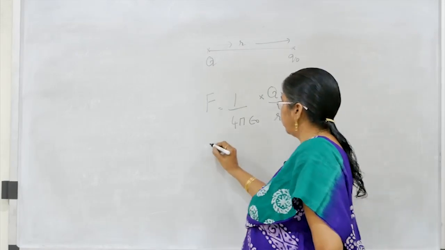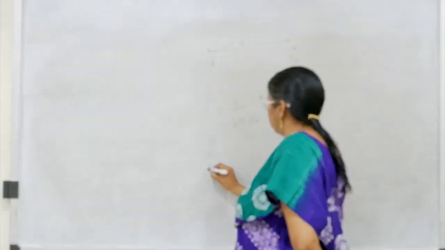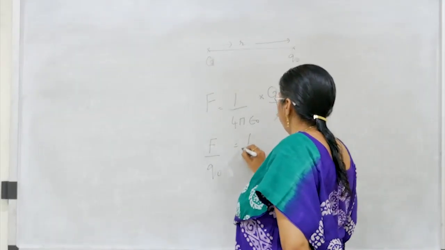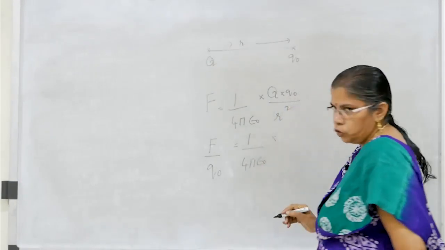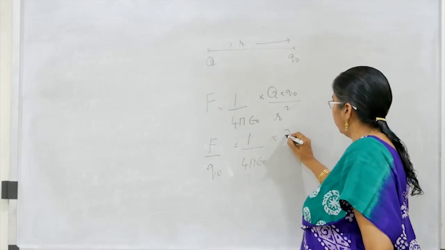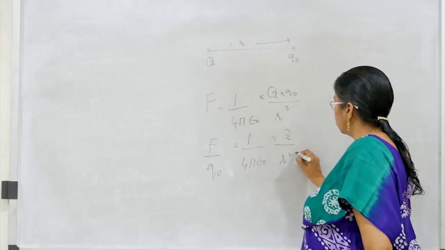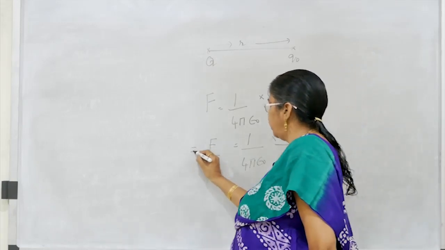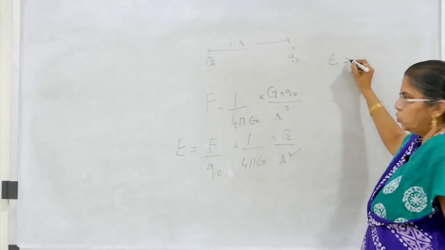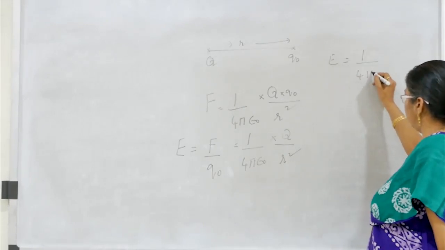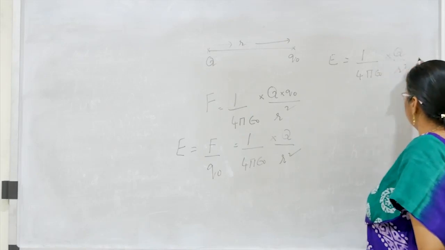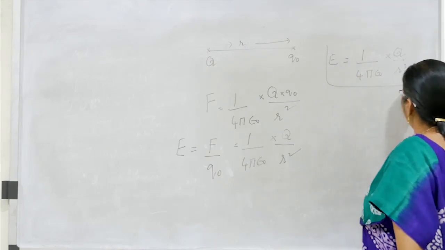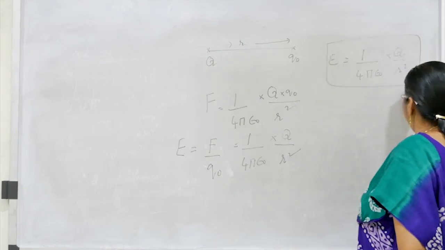So if I take F by Q naught, this is given by 1 by 4 pi epsilon 0 into Q by R square. So F by Q naught is nothing but E. So E is equal to 1 by 4 pi epsilon naught into Q by R square. So this is the equation for intensity of electric field.